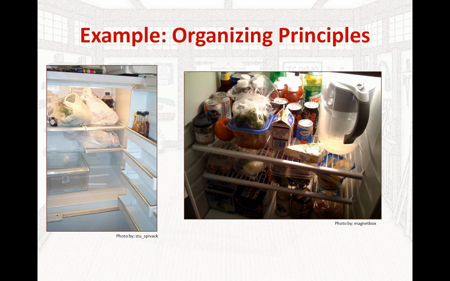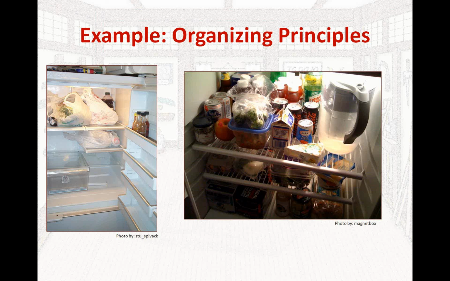So here's an example. Make sure you take a look at the screen and see the pictures. If you're in the GoToMeeting and checking email or anything by accident, we've got two pictures of a fridge. We can only guess at the organizing principles of the one on the left-hand side. Perhaps each one of those bags is a shopping trip. They're different bags, so probably different stores, right?